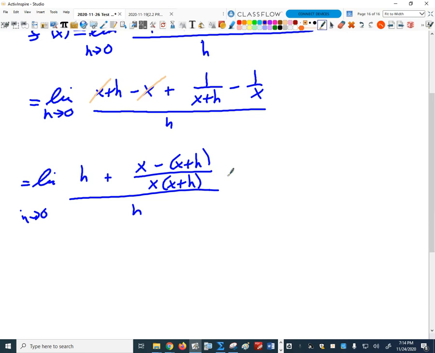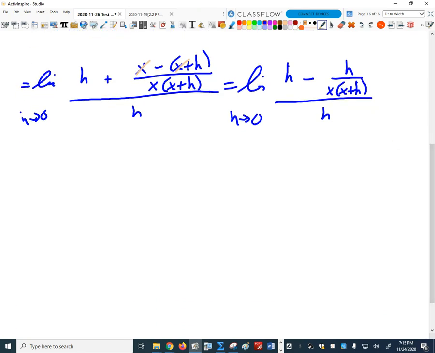And then if I distribute the negative there, look what I get. The x's are going to cancel. And I'm going to get the limit of h plus, actually minus. I end up with a plus a negative h on the top. So minus h over x times x plus h all over h as h goes to 0.